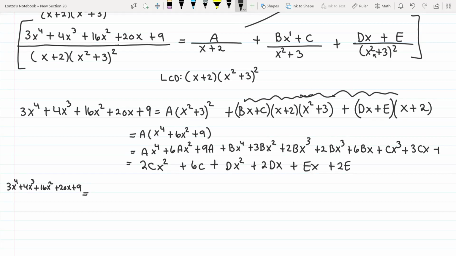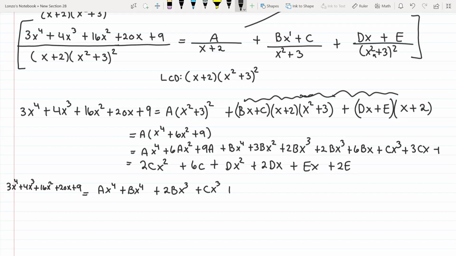So in the power 4 you have ax to the 4th plus bx to the 4th, and then you're next left with 2bx cubed plus cx cubed.